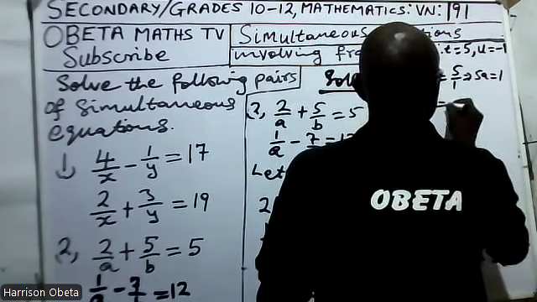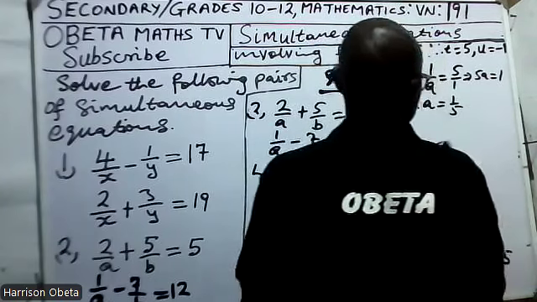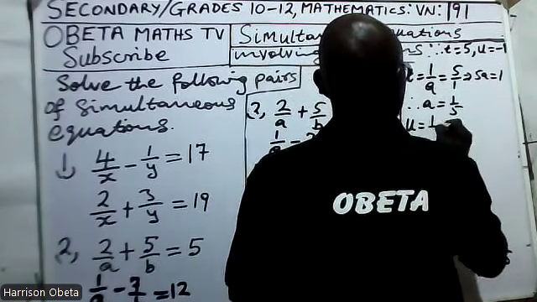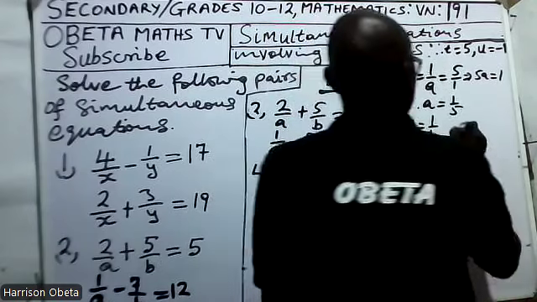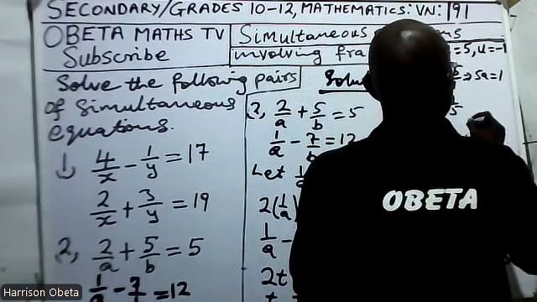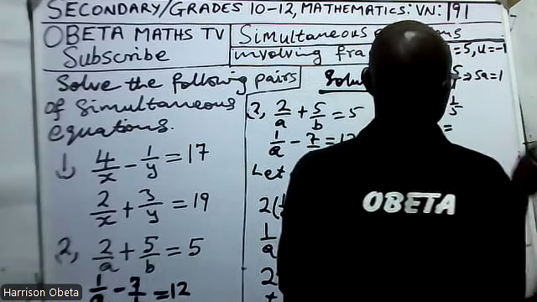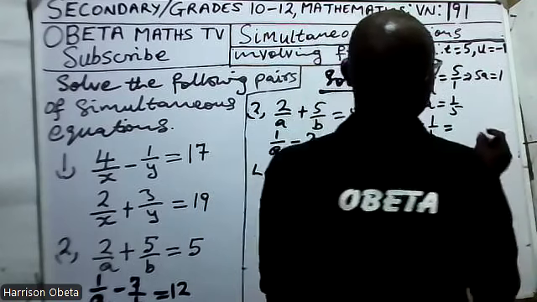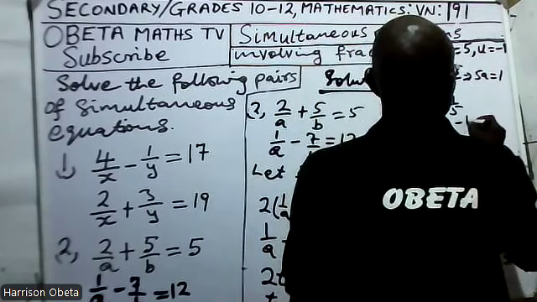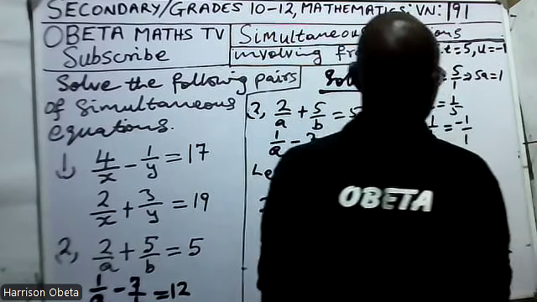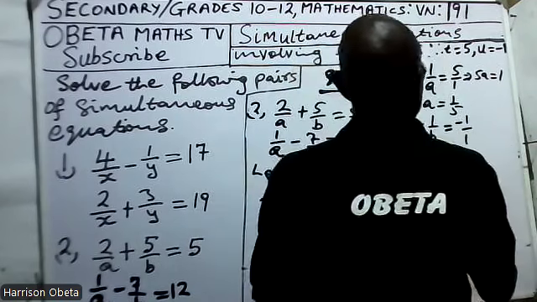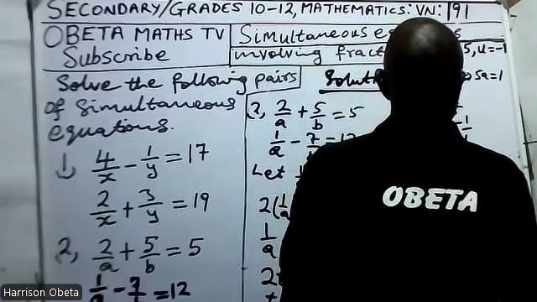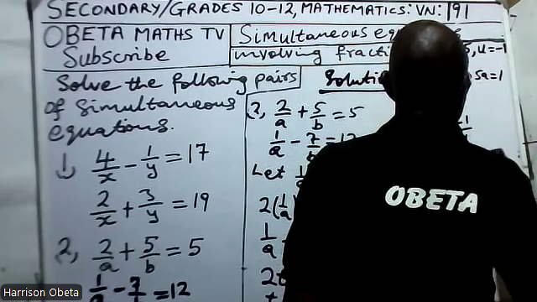Therefore, A is equal to 1 over 5. Again, u is equal to 1 over B, which is the same thing as -1 over 1, which means minus B is equal to 1. Therefore, B is equal to -1.